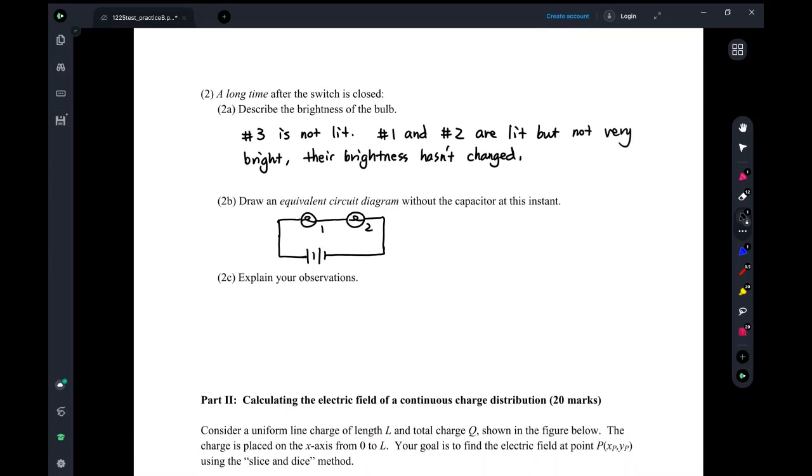Explain your observation. The capacitor is fully charged.